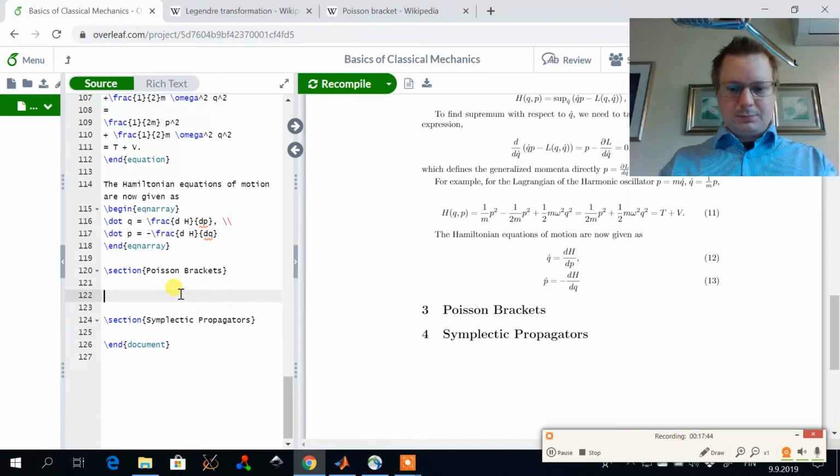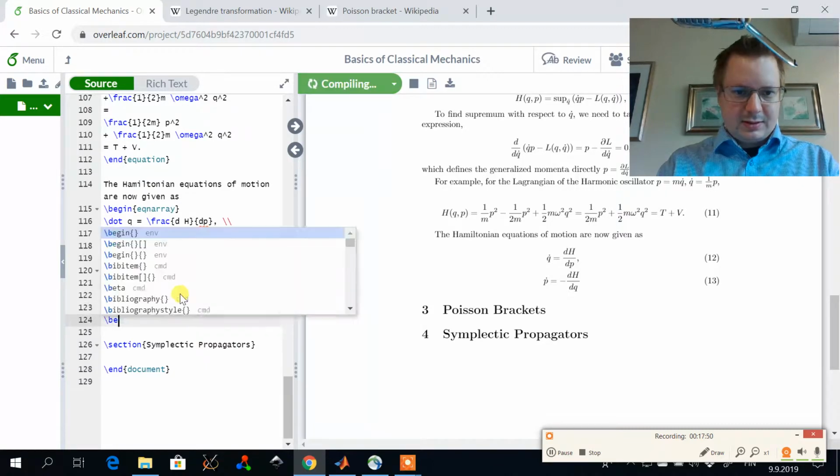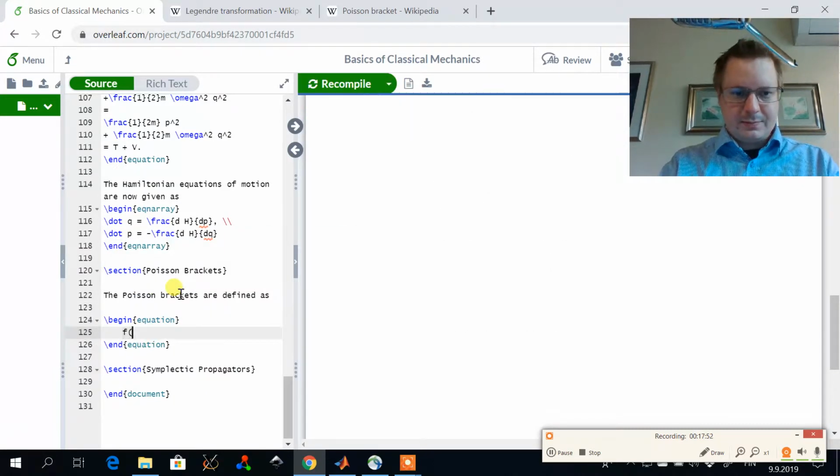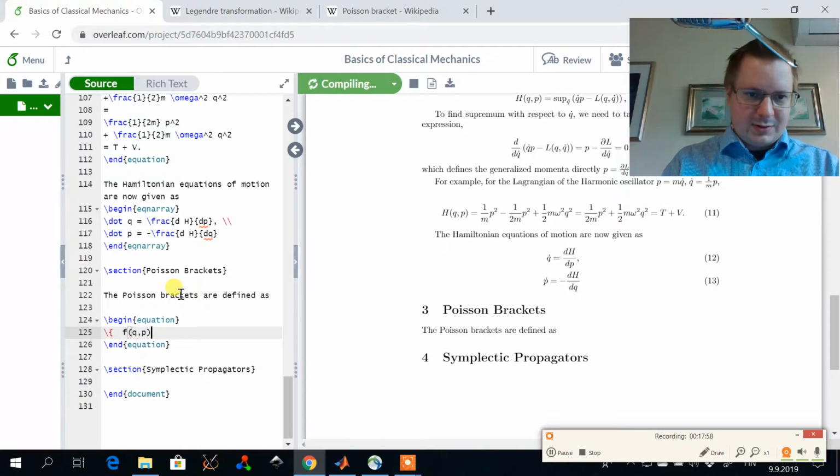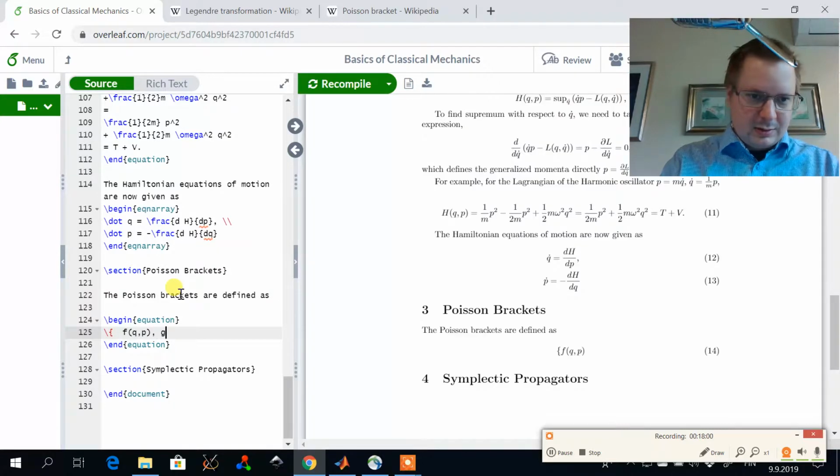So the Poisson brackets are defined as follows: we have some function f of q and p, and another function g of q and p.